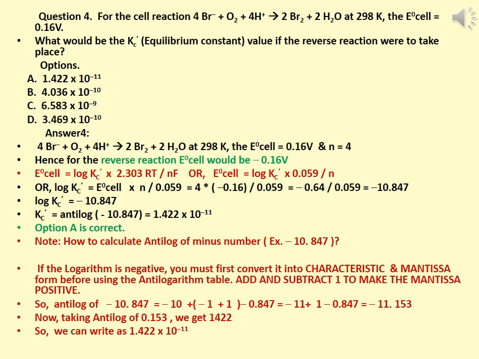Therefore, the next step is using the formula E naught cell is equal to log K'c into 2.303 RT by nF.